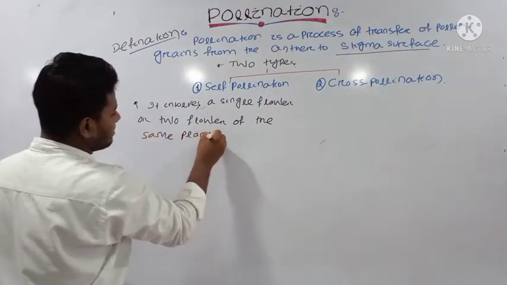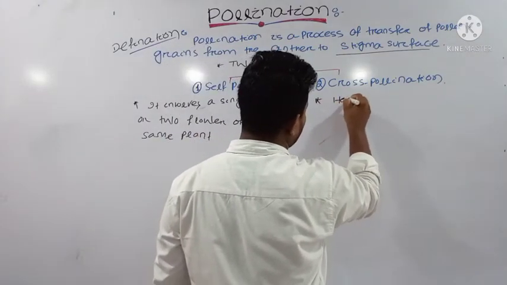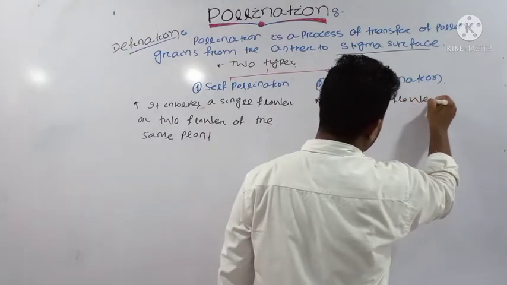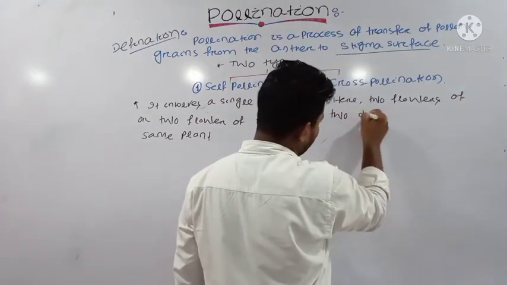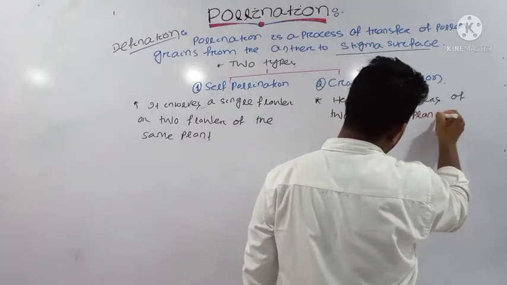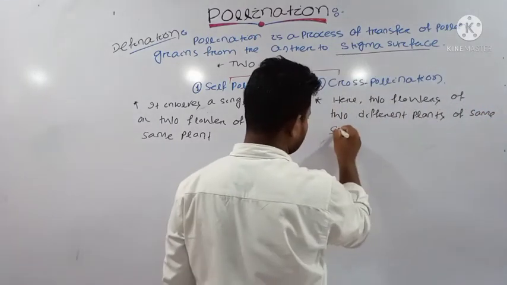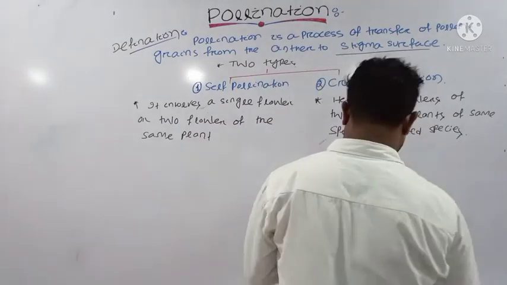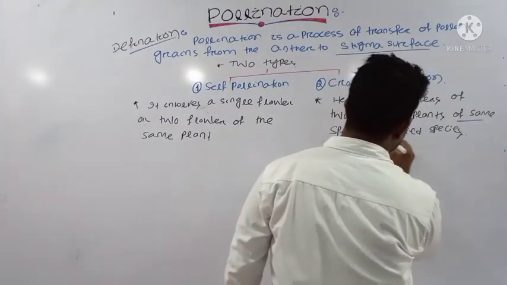Cross pollination involves two flowers of two different plants of the same species, or of allied species.